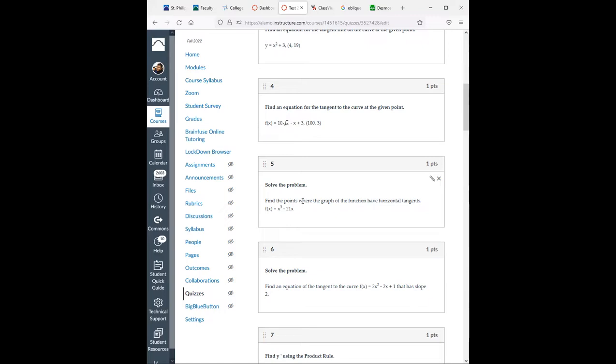Okay, so what you've got to do is take a derivative. So f prime will be 3x squared minus 21, right? Just doing the power rule.